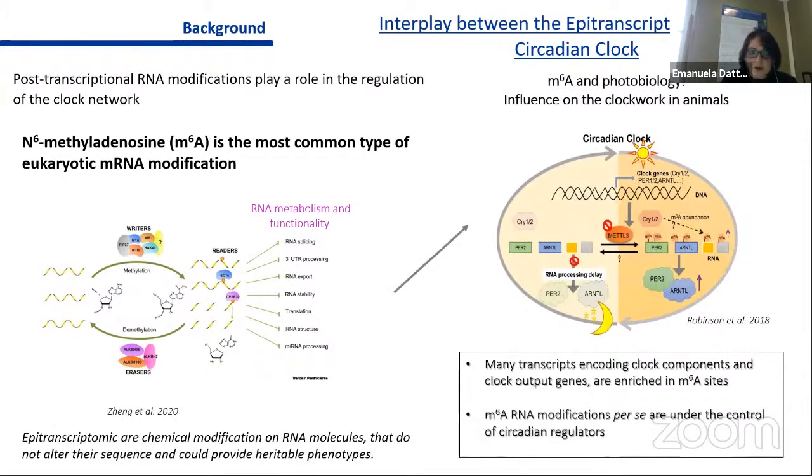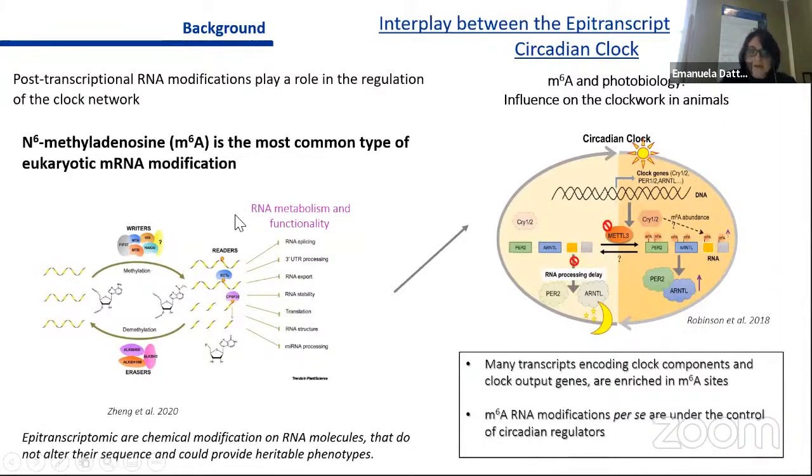And in particular, the m6A RNA methylation, that is also the most common type of mRNA modification, is known to have a role in the light-night regulation of the clock in mammals, and there are also a few works on plants. This modification is established by 2 kinds of genes, the writers and the eraser genes.